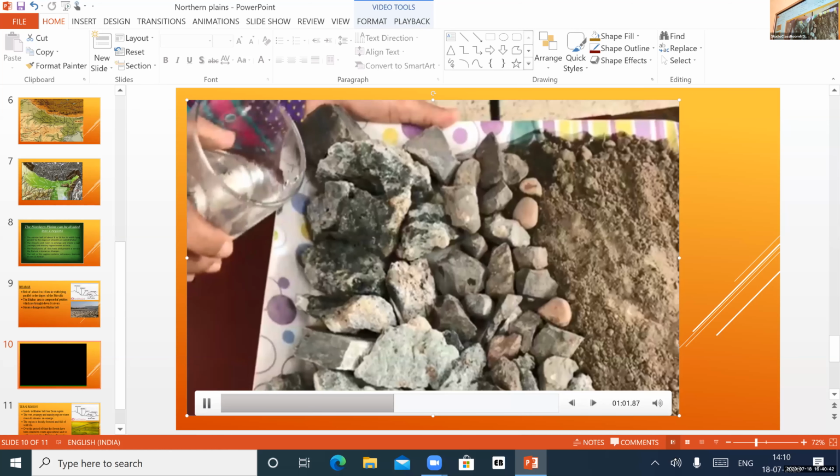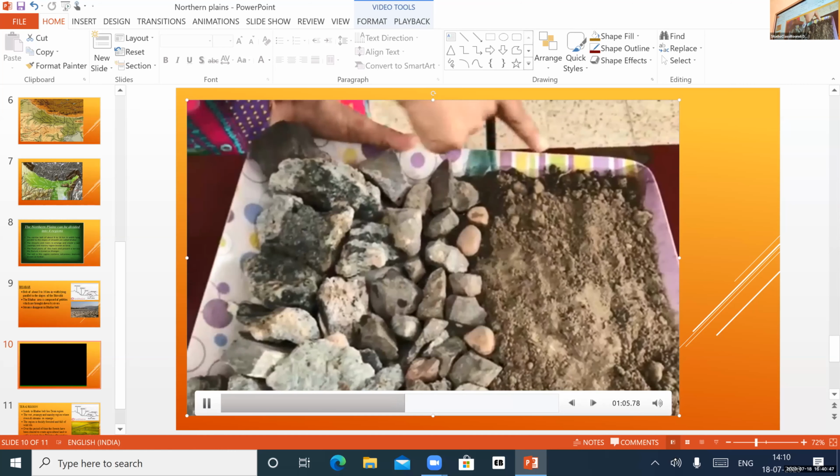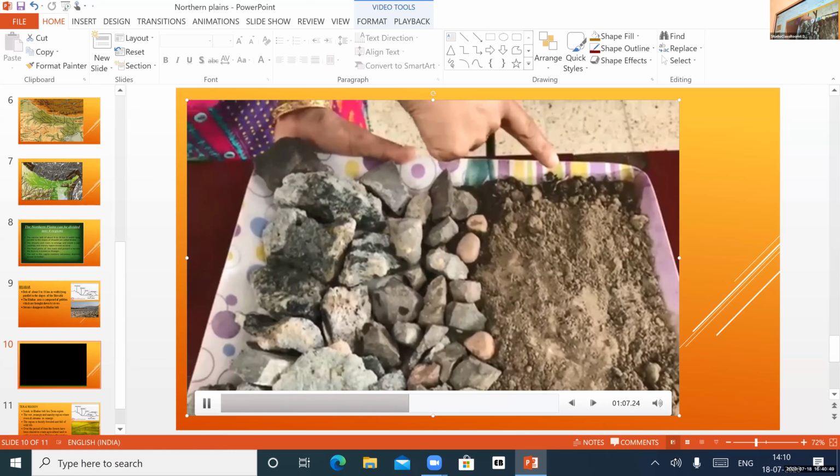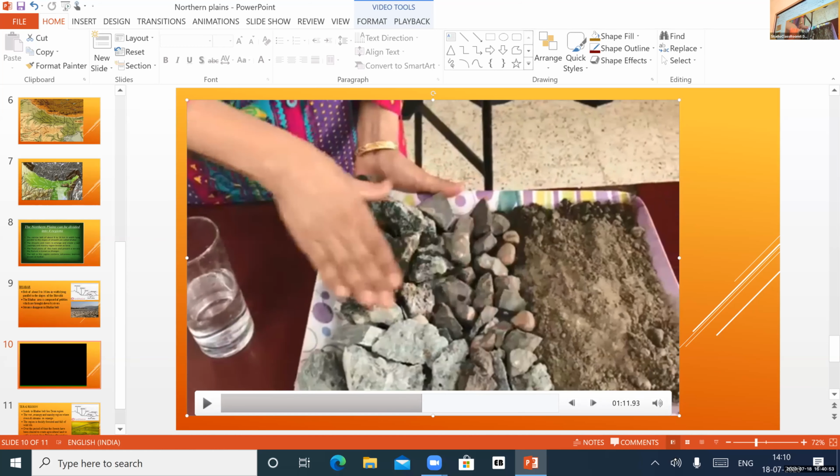See. Here, when the river water reaches the sandy area, the soil area, you can see the river appears here, right?